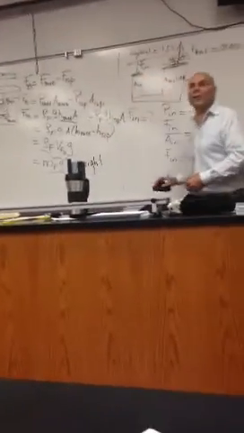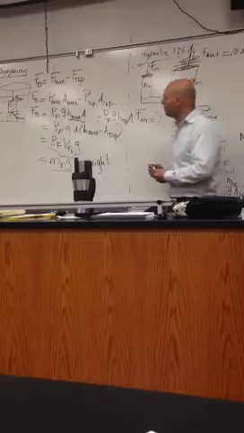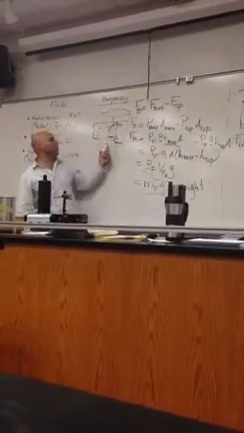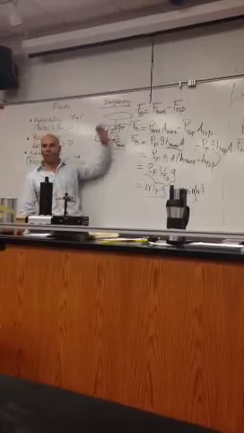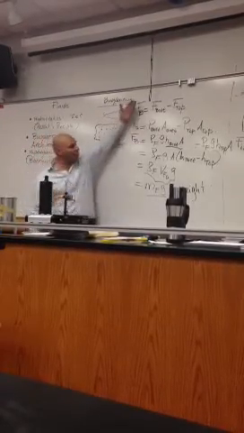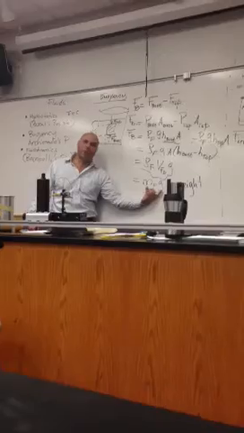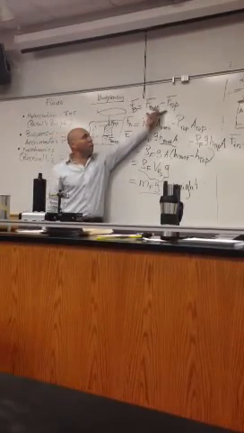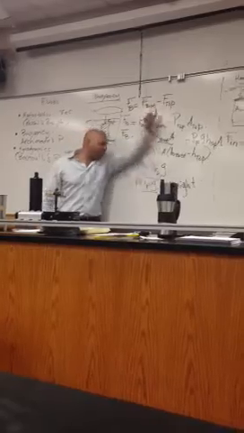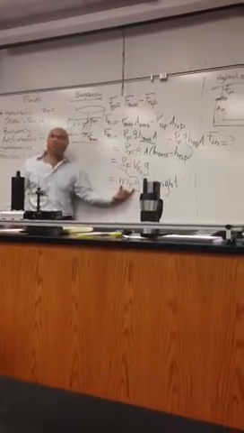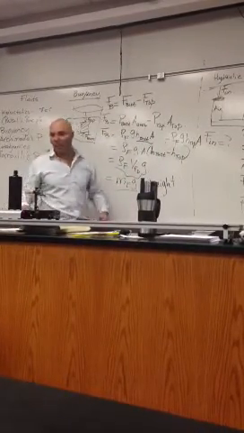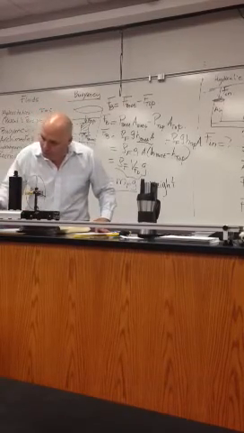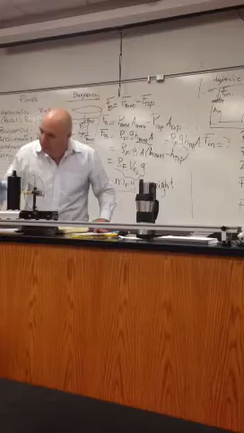So what did Archimedes say? Archimedes said that the buoyancy force is the force from the bottom minus the force from the top. That's one definition. But if you do the formula, you will come to the conclusion that the subtraction of those two forces is the same as the weight of the fluid displaced. What is the meaning? Imagine that I have this object. I put water here, so you know that the water is right there.